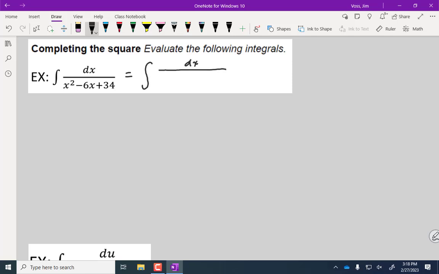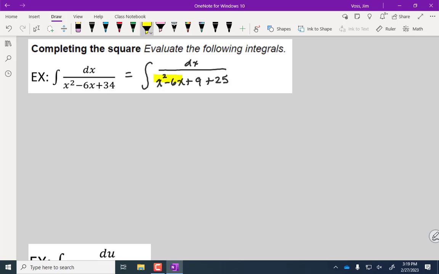What is the number that we need to complete the square? Divide that by 2 and square. So we need 9. We can just borrow that 9 from the 34. Rewrite the 34 as 9 plus 25.